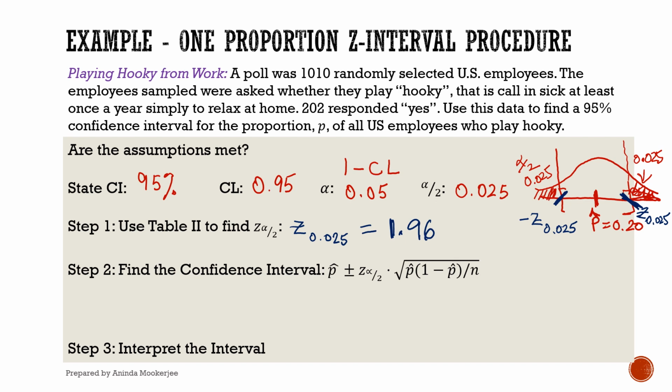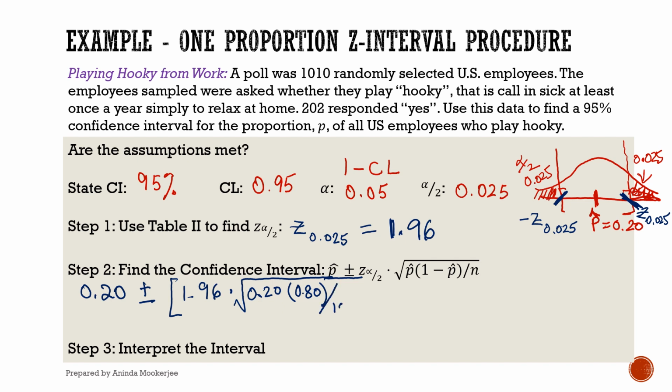The formula is p hat, which is our point estimate, the sample proportion 0.20, plus minus z of alpha by 2, which is 1.96, multiplied by the square root of p hat, which is again 0.20, multiplied by 1 minus p hat, which we found in the previous slide is 0.80, divided by n, which is 1010.